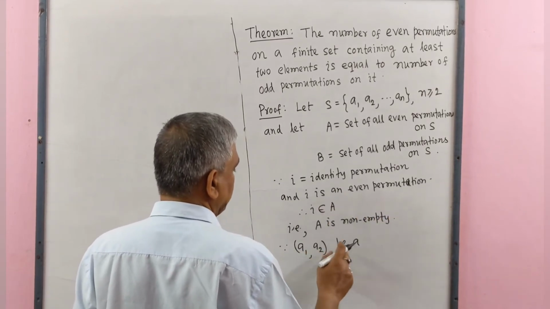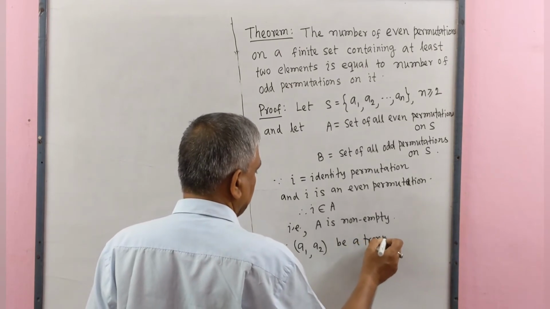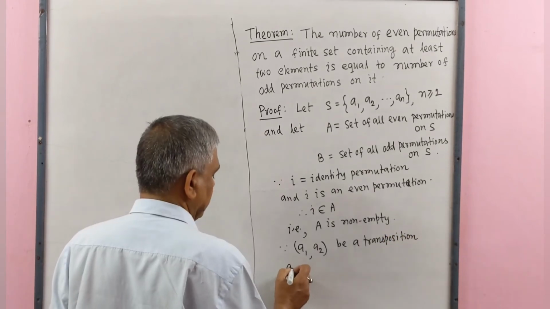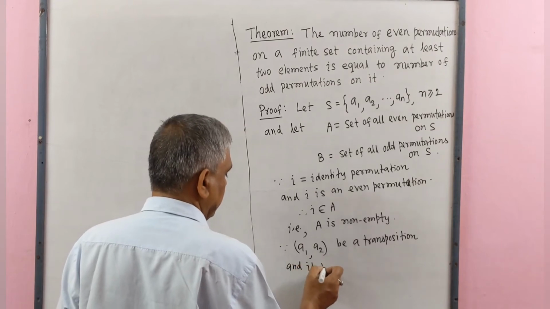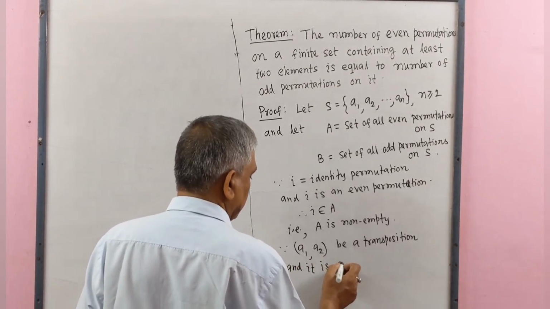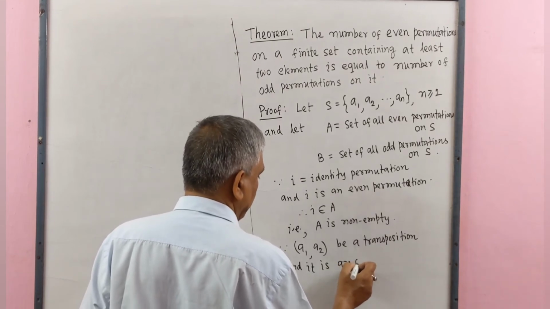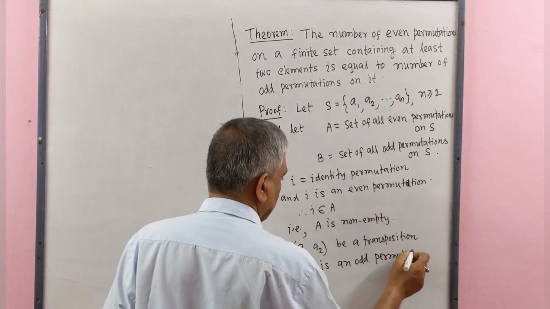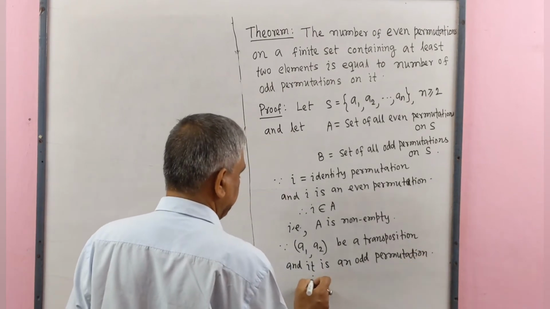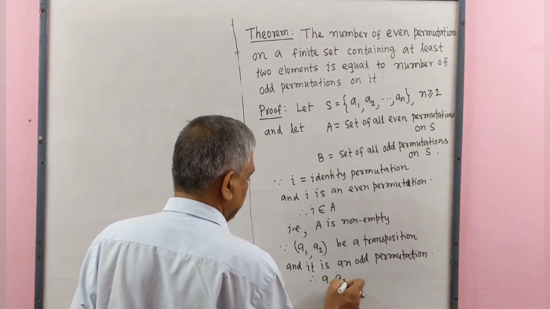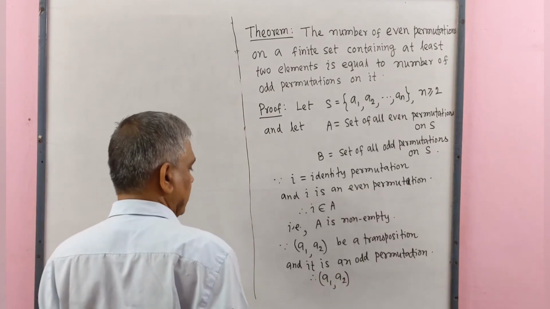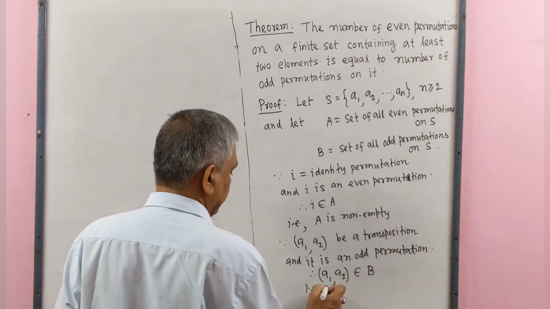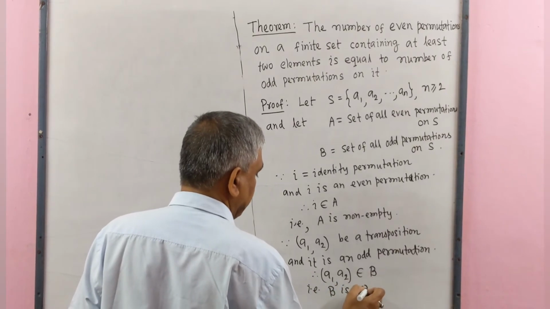Since (a1 a2) is a transposition, and it is an odd permutation, therefore (a1 a2), a 2 cycle permutation, belongs to B, that is, B is non-empty.